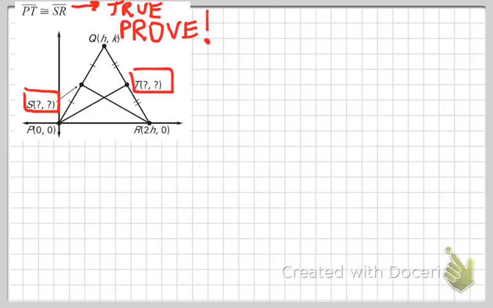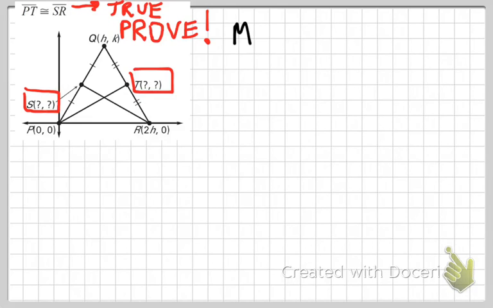Now, whenever you're doing coordinate proofs, there's 3 formulas you're usually going to use, not necessarily every time, but these are the 3 to check. If you forget one and you start getting stuck on one of these coordinate proofs, it's usually because you forgot it. So let's remember the 3 formulas we've learned this year to use with coordinates. The first one is the midpoint formula.